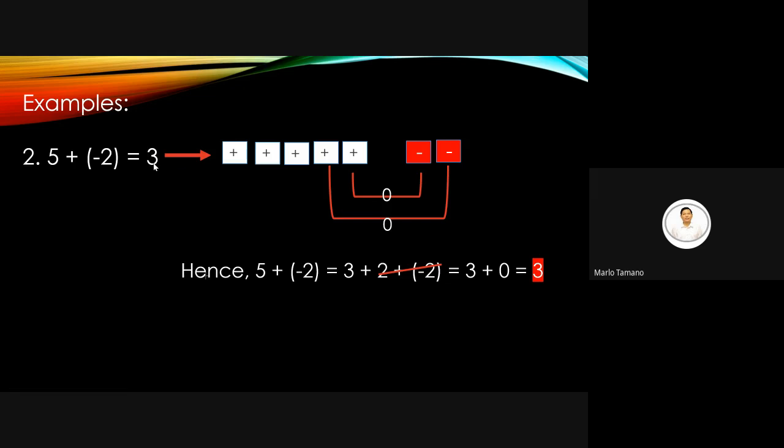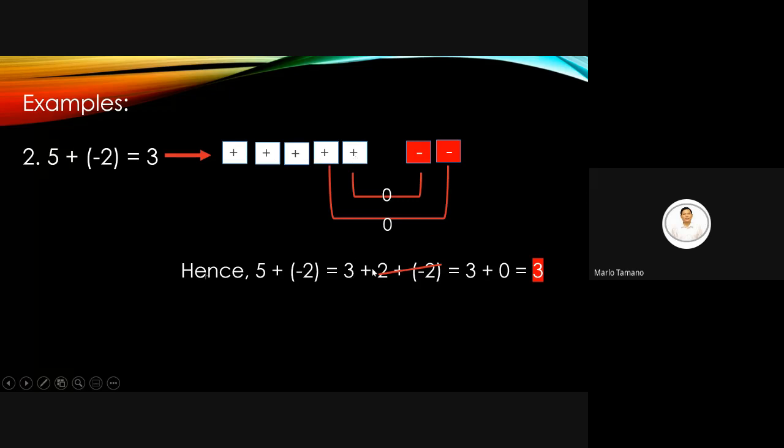Okay? So, pero kung ipapakita natin ang process nito, so, hence, 5, you will get this 5. Plus, you will get these 2 tiles, 2 negative tiles. Yan. So, 5 plus negative 2 is equal to, count, 1, 2, 3, tatlo.